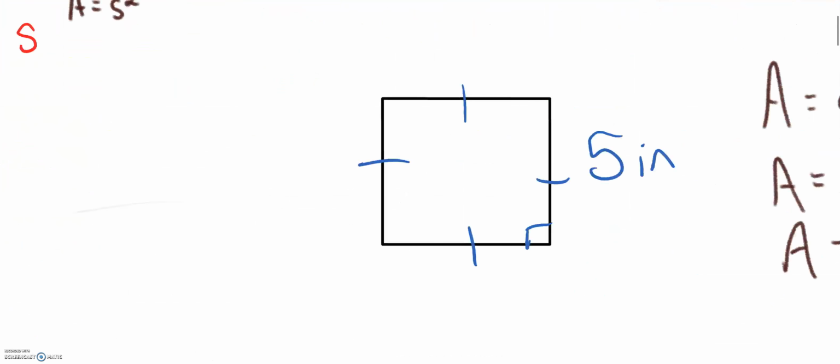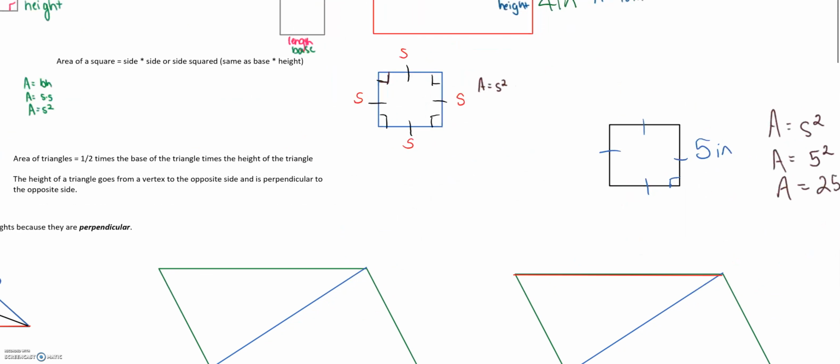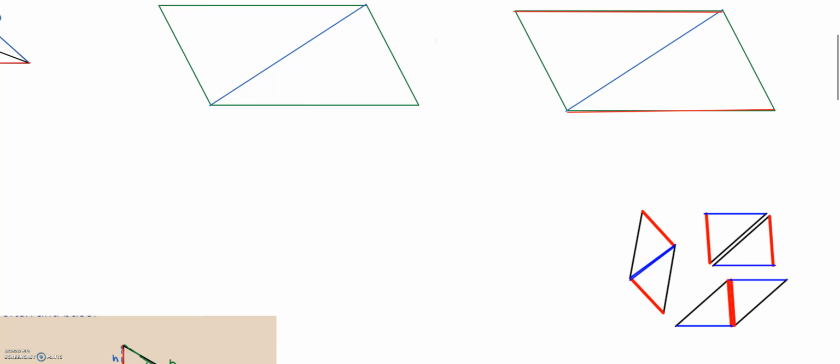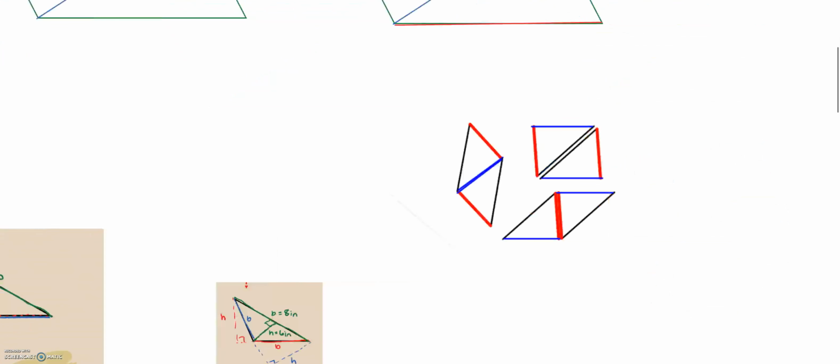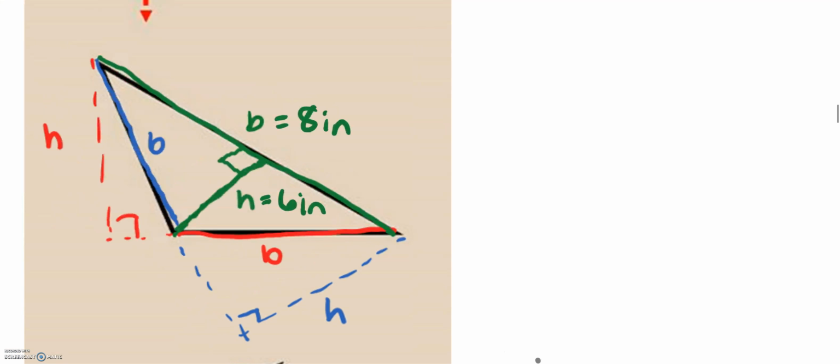So let's say I have the following triangle, and I know that the base is 8 inches and the height is 6 inches. So we're just dealing with the green here.